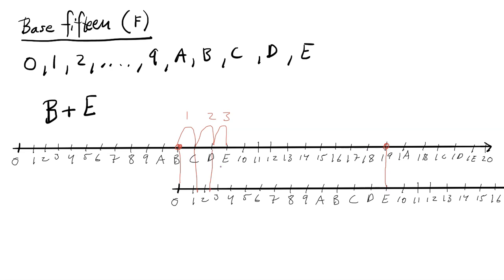So we pair them together. You see here, if I pair them together, it didn't work out exactly as I hoped, because this one becomes 1A, not this one, because we don't have the same distance. So you see that this must be equal to 1A. So in base F, base 15, B plus E is equal to 1A.